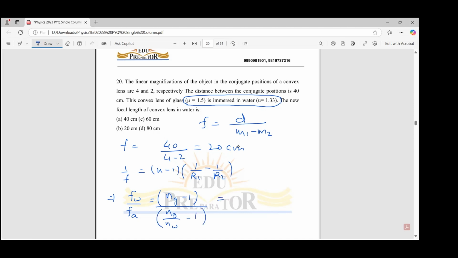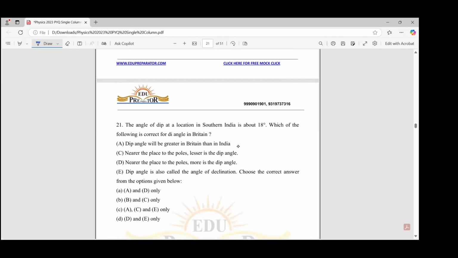Okay. So if we simplify this by substituting the values, we get focal length in water equal to 80 centimeter. Okay. So we have D as the correct answer. So I believe this question is again clear to everyone. So let's move to the next question.